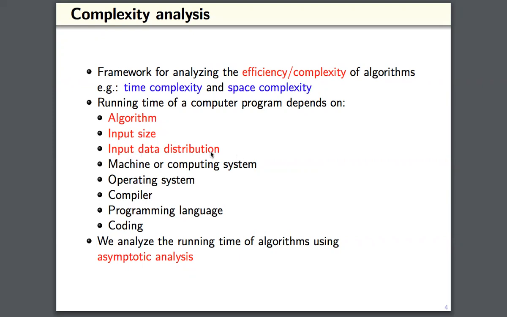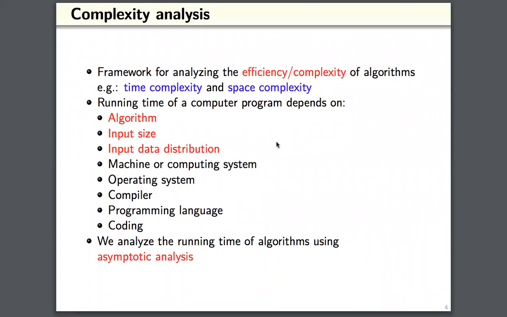Similarly, for the same input size, it depends on the data distribution. Suppose the input itself is an array. The input size is 100 elements in that array. Depending on how the data is distributed, the runtime can vary. The runtime can vary based on the machine or the computing system. For example, if you run the same program on a 1950 machine and today's machines, you see the difference, right?